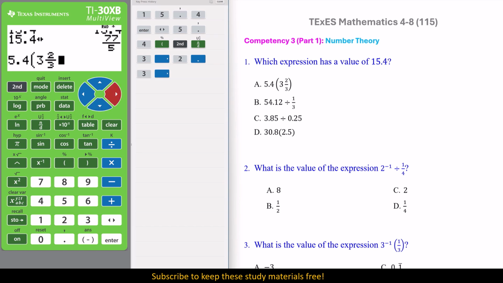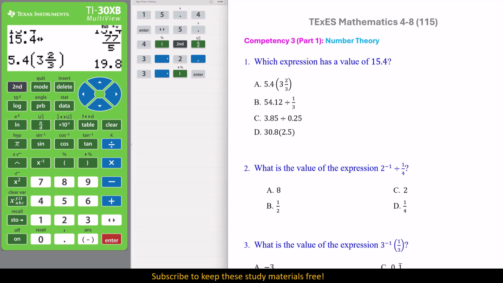And I like to go all the way out and close my parentheses. You don't necessarily have to. Okay, let's push enter. And I would say not. Okay, let me mark that one out as we go through them. A is a no-go.